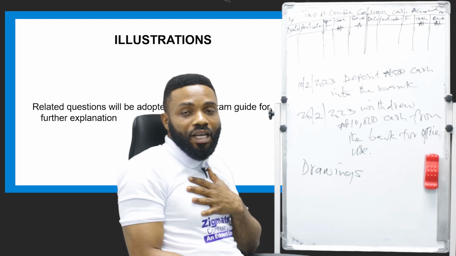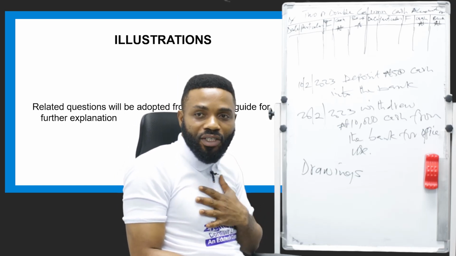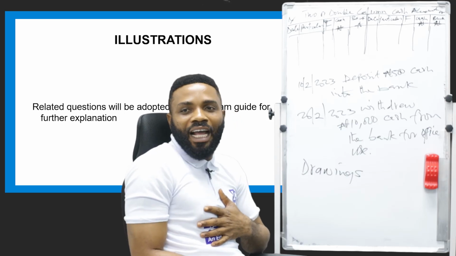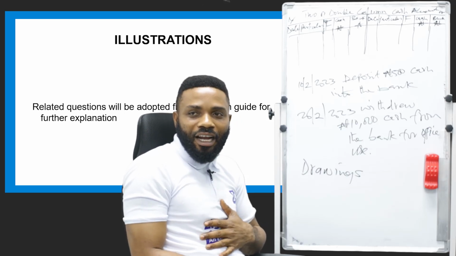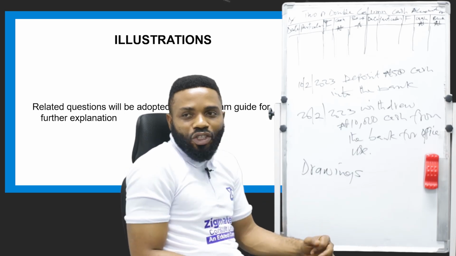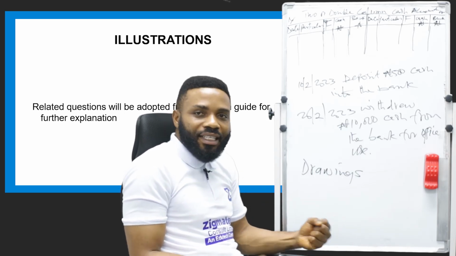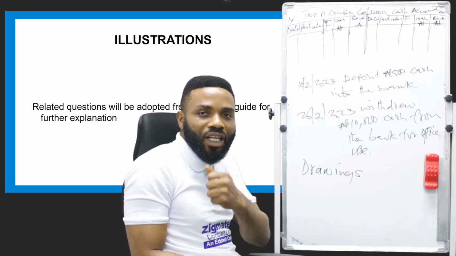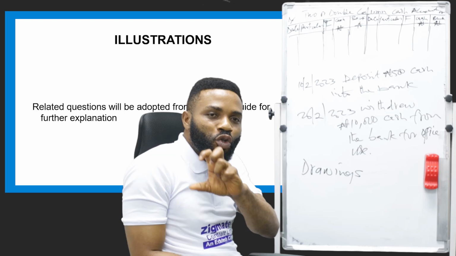If I own a business, I am the proprietor, the manager, the director of my business. And I need 10,000 Naira to fix my personal need. I don't need to consult anybody. I can just go to the bank and get the 10,000. That 10,000 Naira has nothing to do with the business.